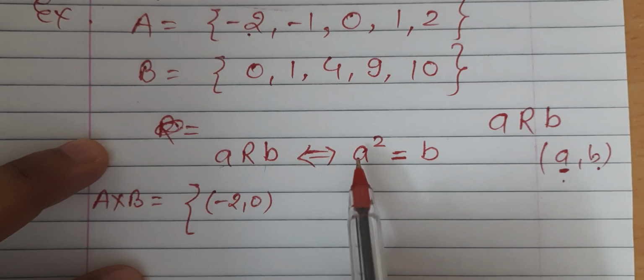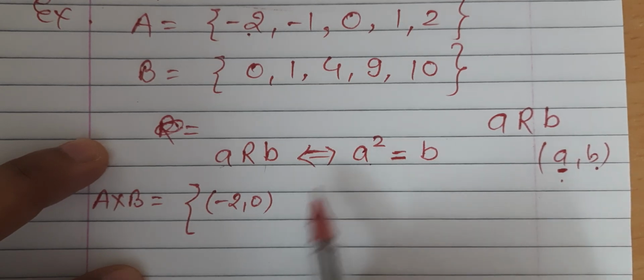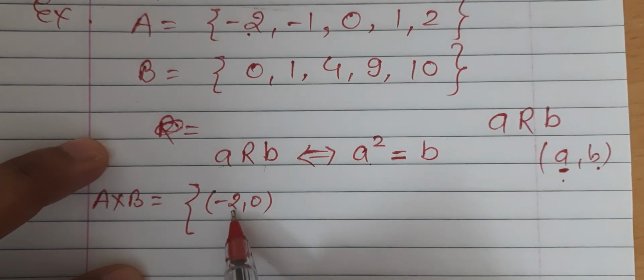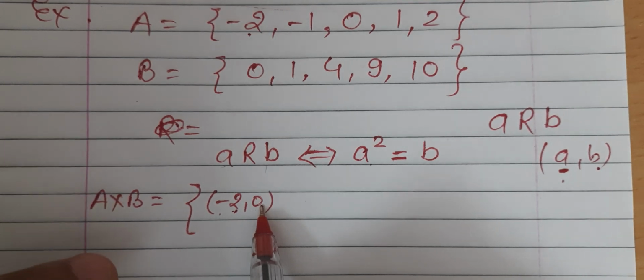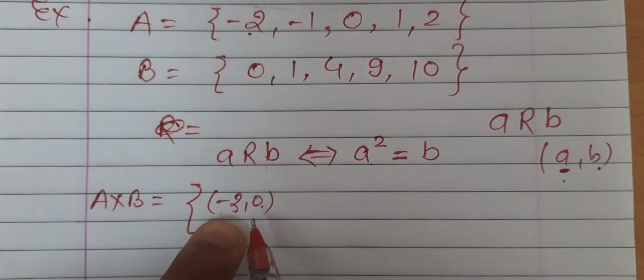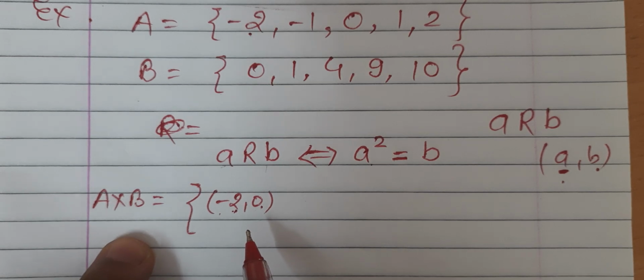Here, if we find the square of minus 2, is it equal to B or not? Minus 2 square is 4, and this 4 is not equal to 0. So this is not an element of set R, but it is an element of the Cartesian product of A and B.